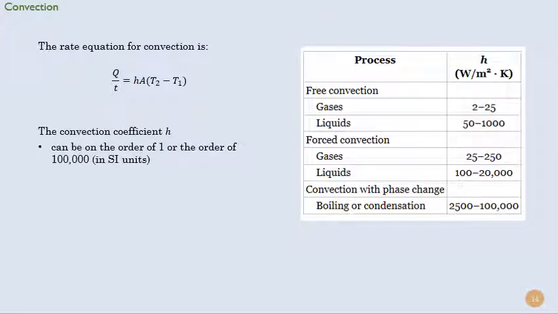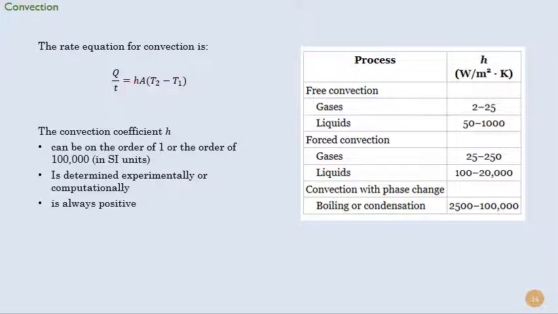So you can see over here, you might have an H that has a value as low as 10, but if you're really trying to move heat, and there's a lot of movement of fluid, you might have one that's in the 10,000s. So again, what does this tell you? It tells you with these given conditions, how much heat is going to be transferred per unit time.